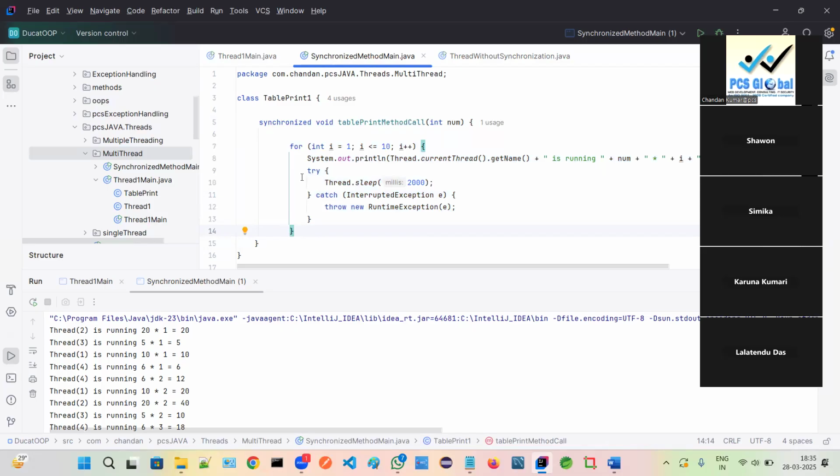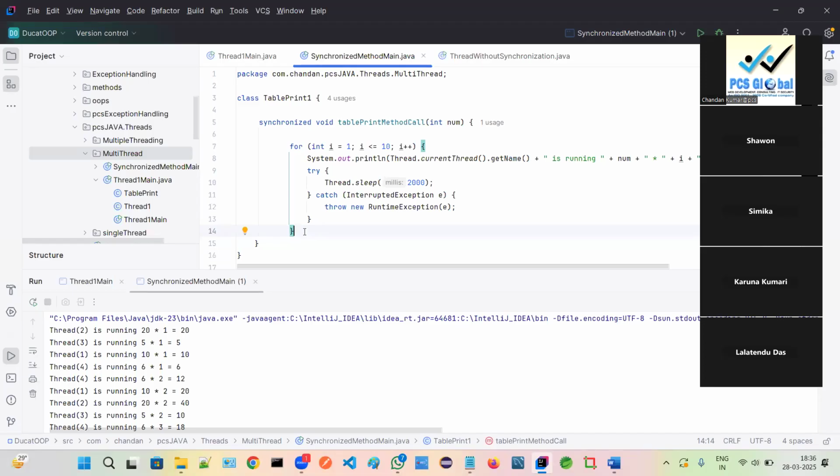Whenever that thread goes out of this synchronized method, in that case that thread is very clever and also a very kind person. Kind means whenever it goes inside, it makes a lock so that others can't come inside and interfere in its work.